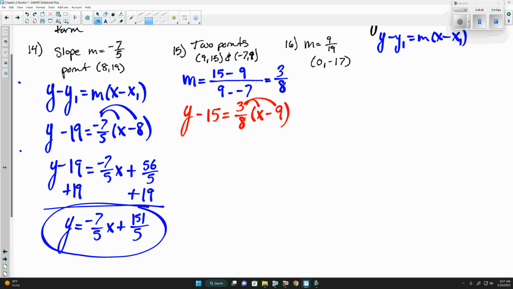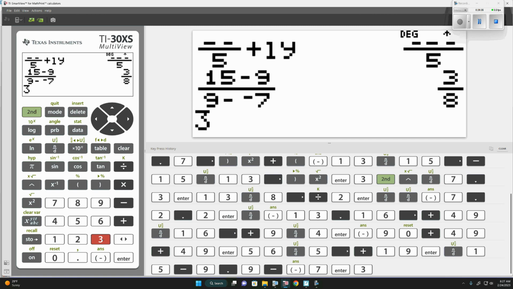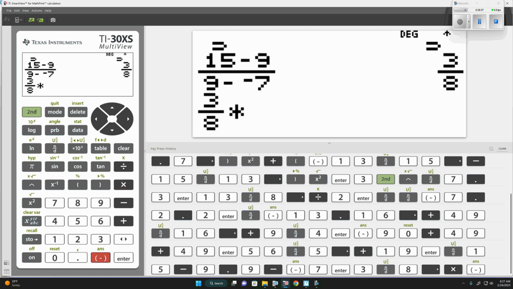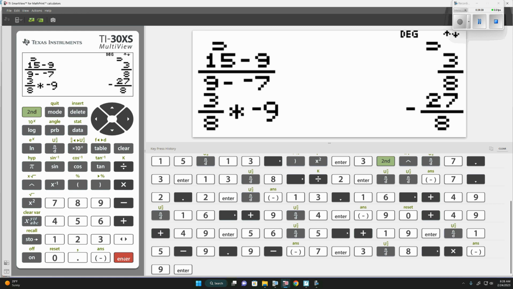Now the first thing we can do is distribute the 3/8, which would give us 3/8 x. Now we do 3/8 times -9, which is -27/8.